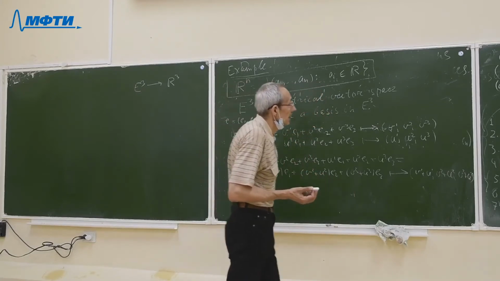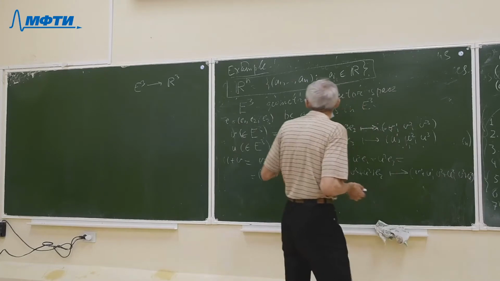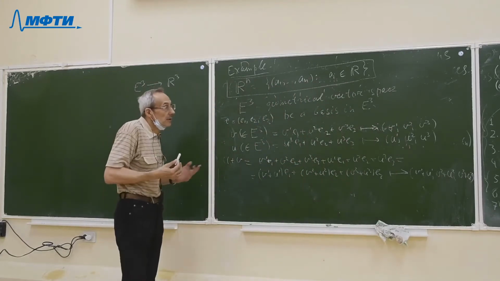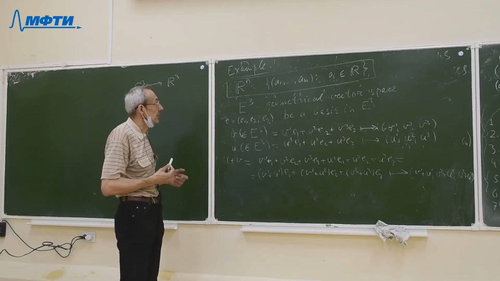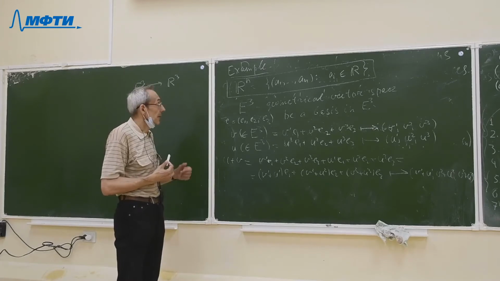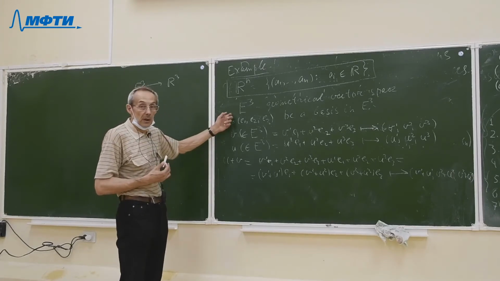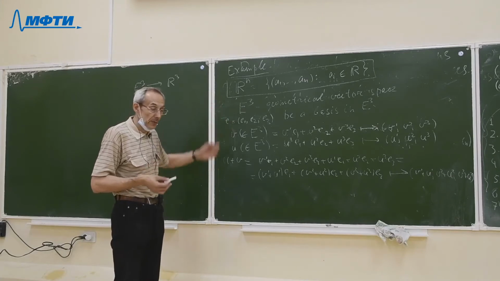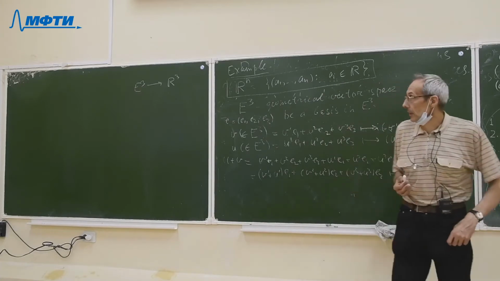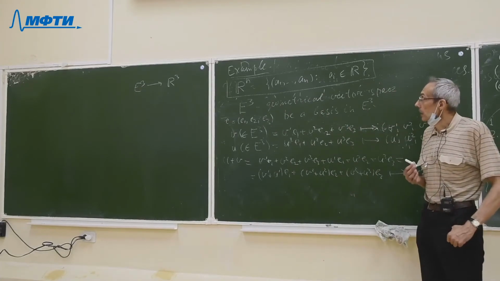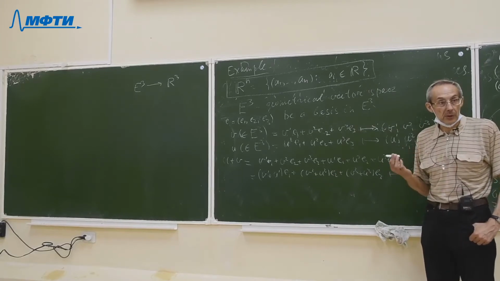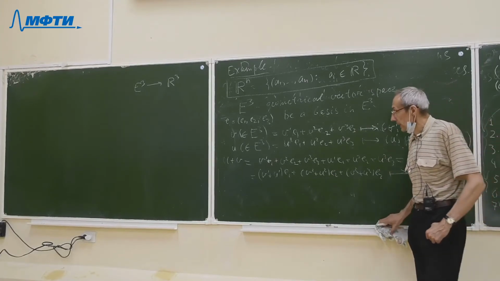And easy to see that this abstract arithmetical vector space is a natural generalization of the vector space R3, which corresponds to our geometrical vector space. And we obtain the algebraic generalization of the natural geometrical vector space.